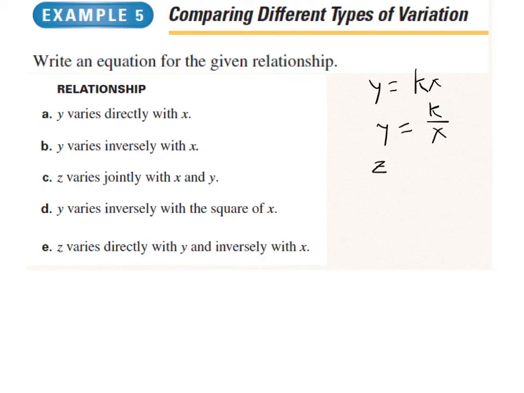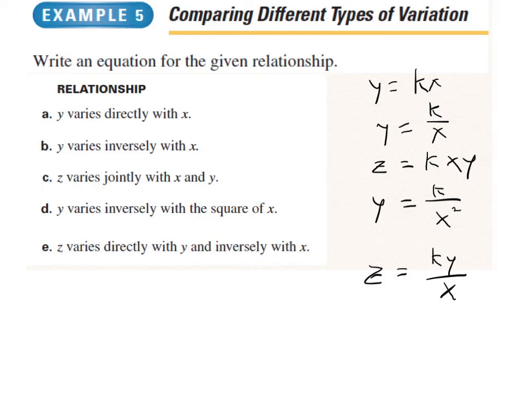We're adding in a third variable because it works with both x and y. And then the last couple here: y is inverse with the square of x, or x squared. And then z varies directly with y, so ky, and inversely with x, over x.